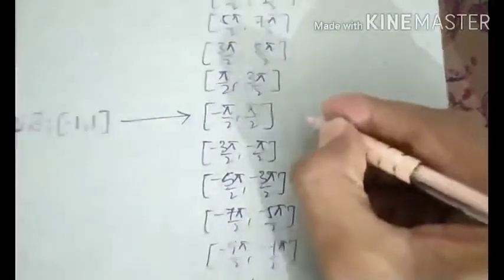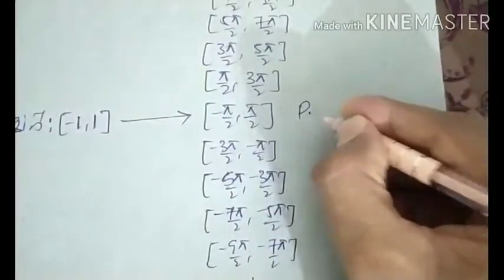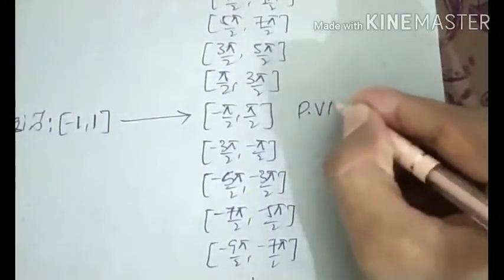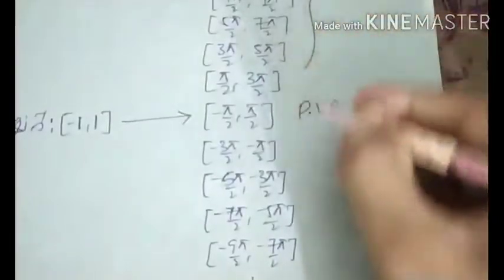This is the principal value branch, and these are other branches.